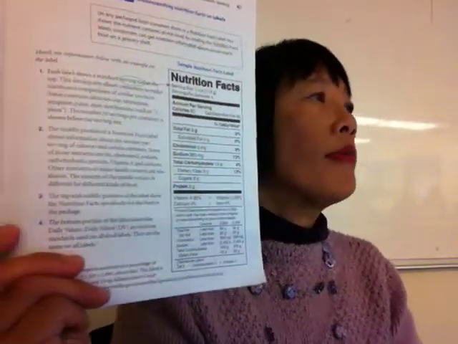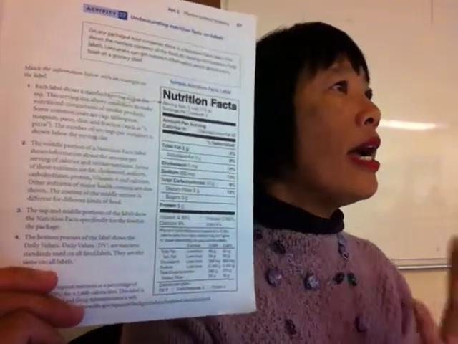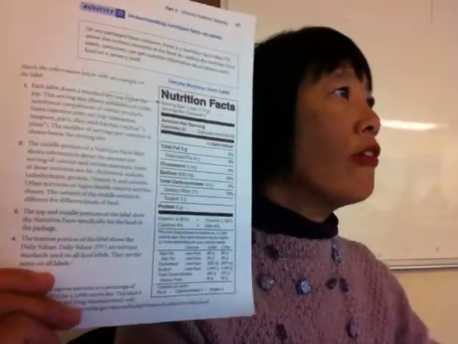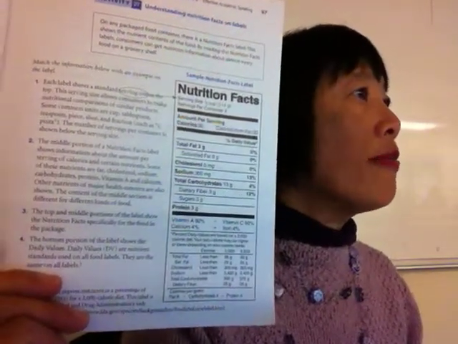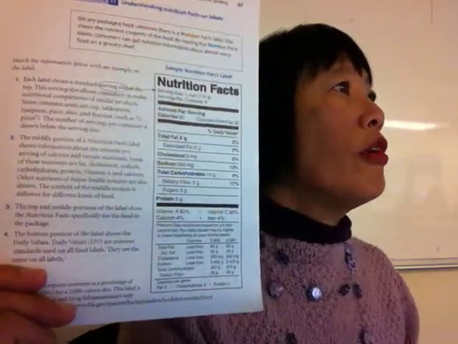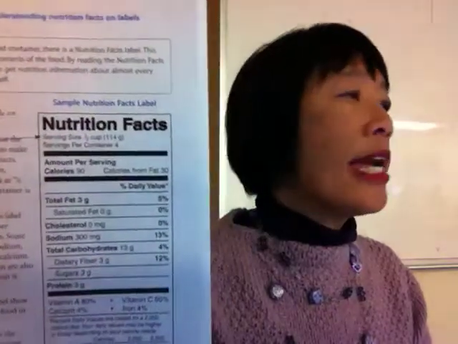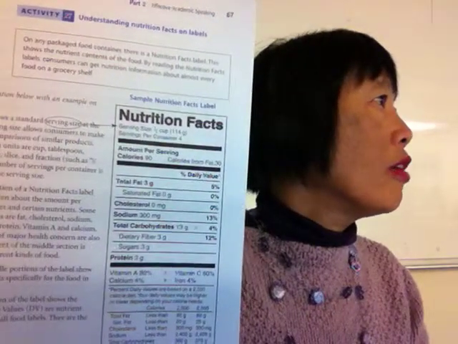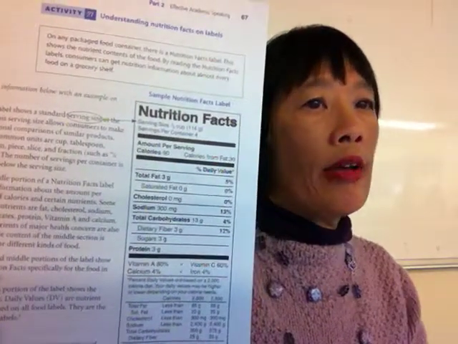You might have other problems because your blood is not flowing through your body very well. Unsaturated fat is easier for you to get rid of throughout your body. So if you're concerned about the amount of fat you're taking in, then look at the food packages. In this case, it says there's no saturated fat. It's 0 grams. So that means there's 3 grams of fat, but it's unsaturated fat.